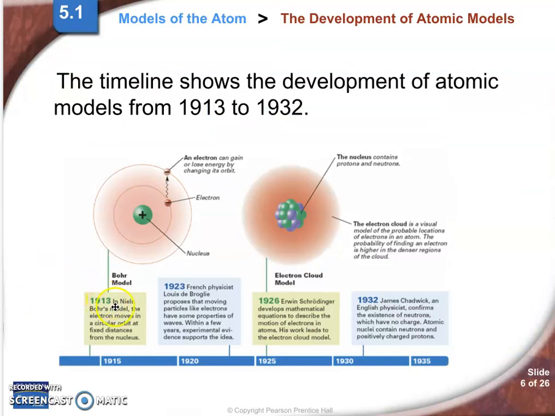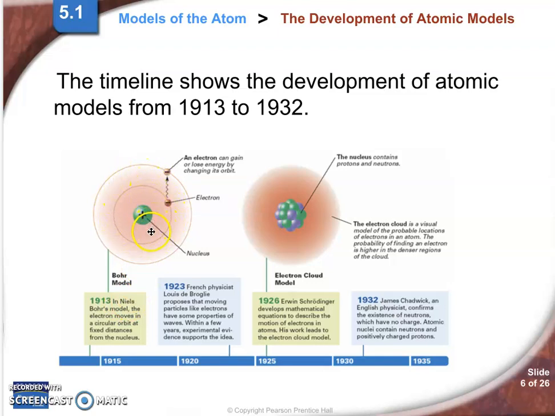We have Niels Bohr. Niels Bohr's experiment is about heating the elements. He heats the elements, and each time he heats them, he observes different colors. Then he said, okay, there should be fixed places for electrons.